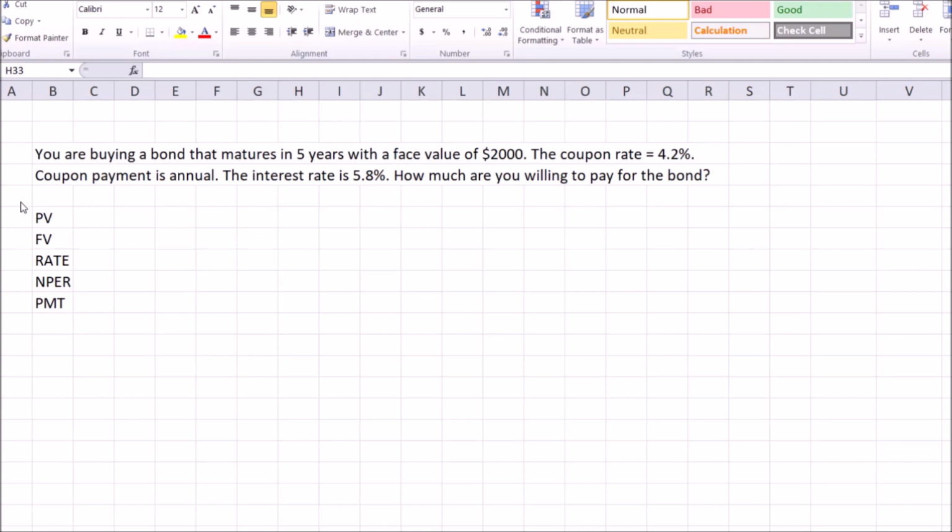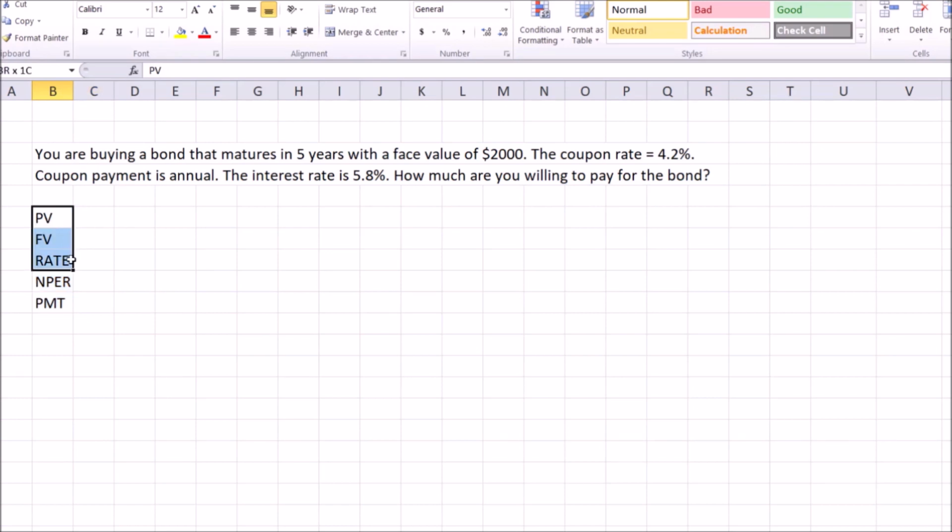Actually, usually it's only one of these 5 variables that you have to calculate in relation to a bond valuation. It's either present value, PV, future value, FV, rate, or the yield to maturity, NPER, or the number of periods, or the PMT, which is the regular payment of the coupon in this example.